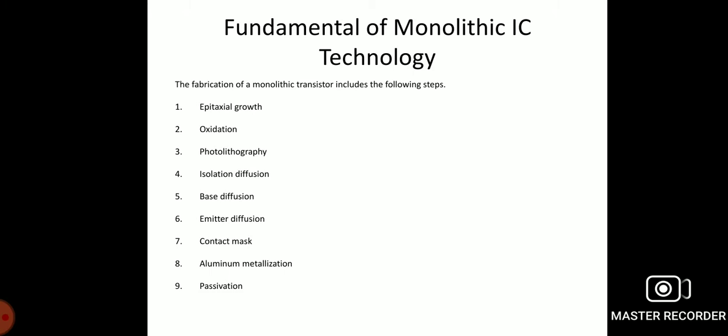The basic structure of the monolithic IC will have 4 layers of different materials. The base layer will be a p-type silicon layer, named the substrate layer. This layer will have a typical thickness of 200 micrometers.